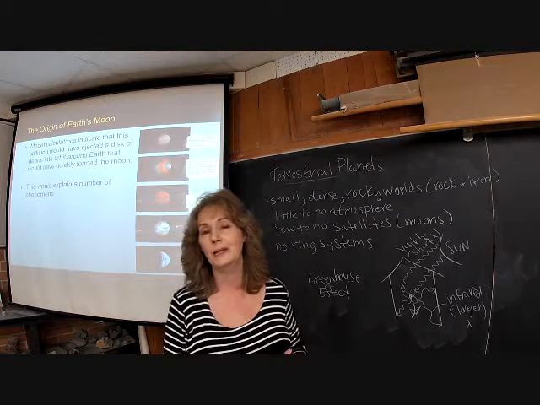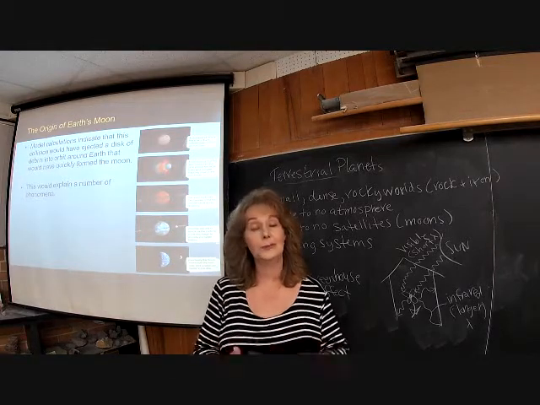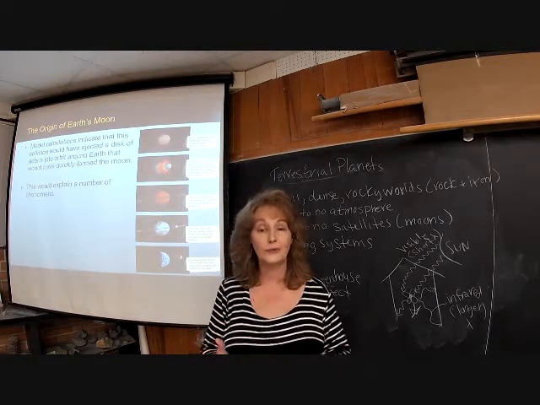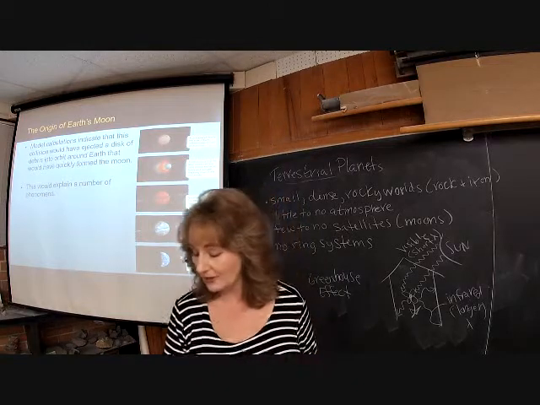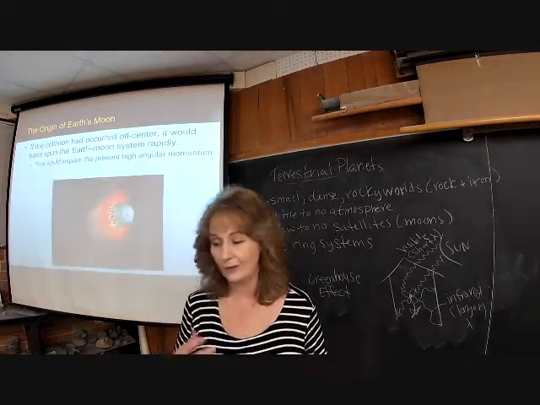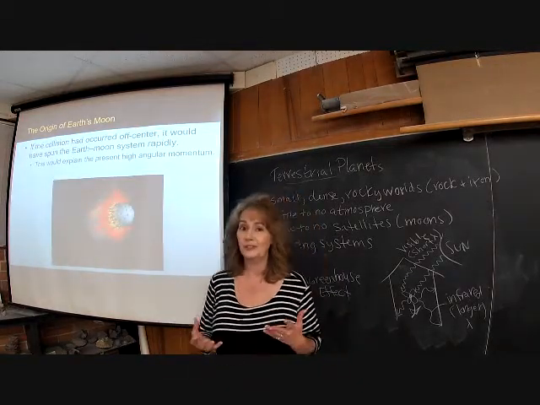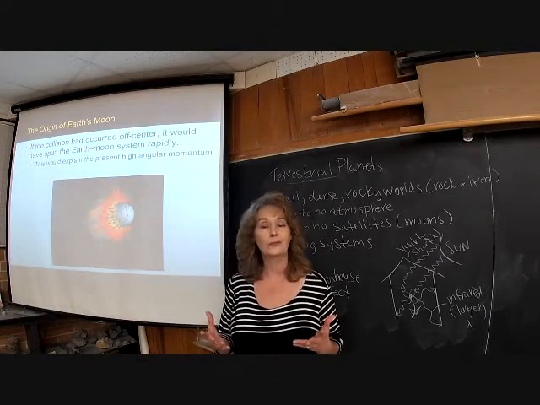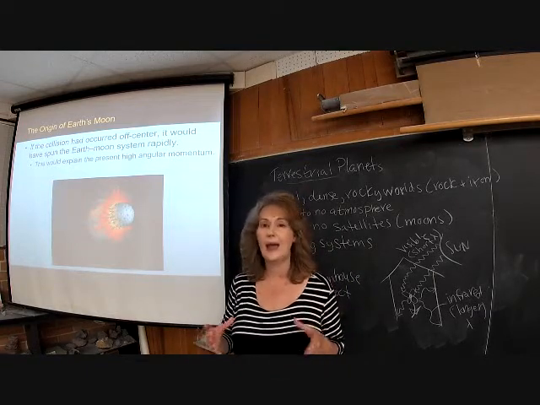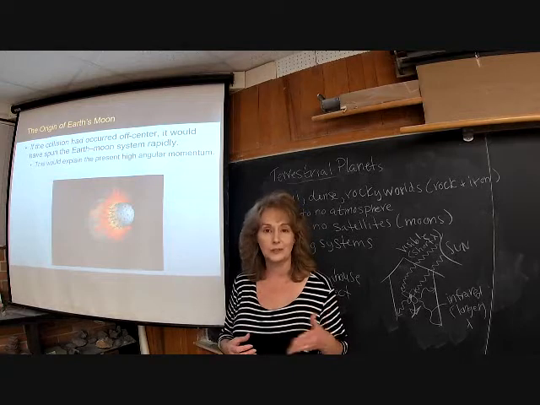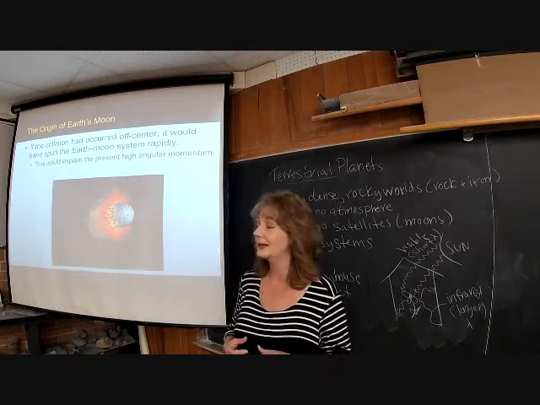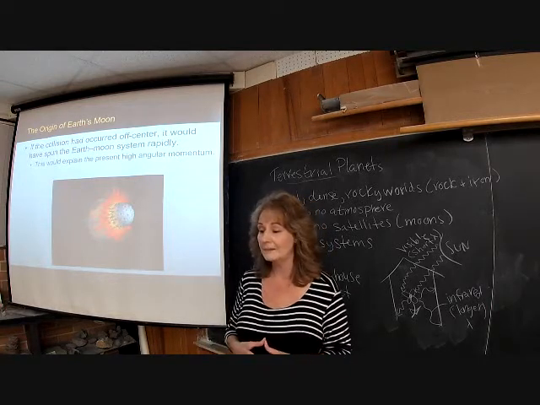And it explains many of the similarities in the rocks, the ages of the moon rocks that they formed. They're just about as old as the Earth, so it makes good sense that this happened about the time when the Earth was a proto planet. They call that a baby planet.